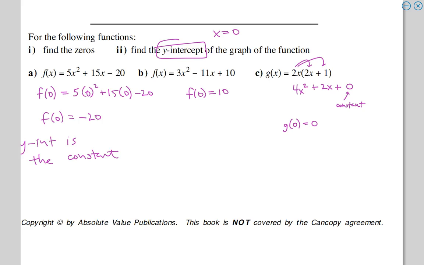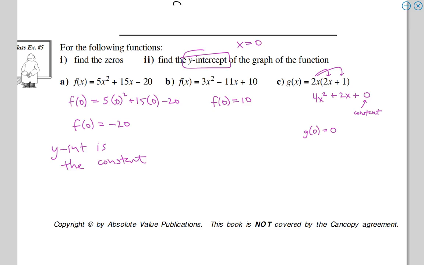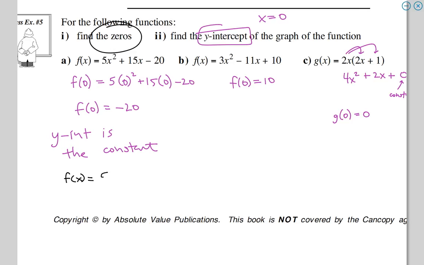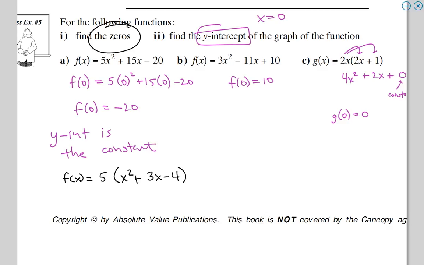Okay, now we got to do this algebraically, solving for zeros in the black ink. First one looks like something really easy. Take out a 5. Good. You get 5 taken out. You get x squared plus 3x minus 4. How to solve this one? 5, 2 brackets.